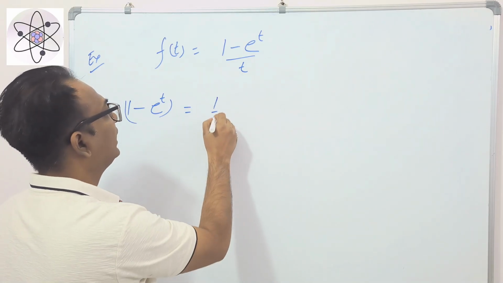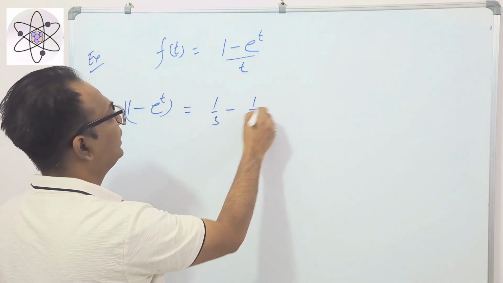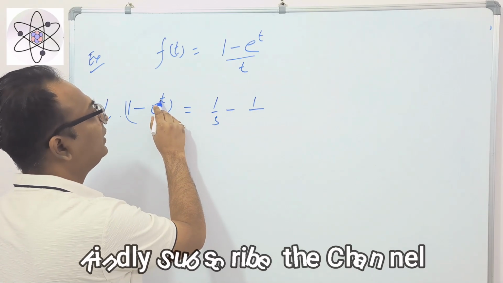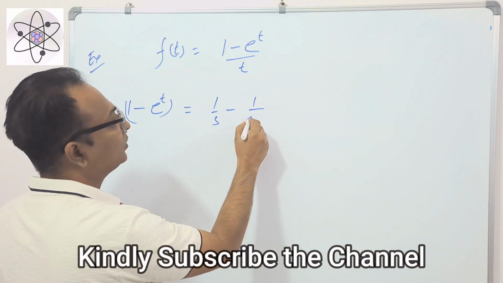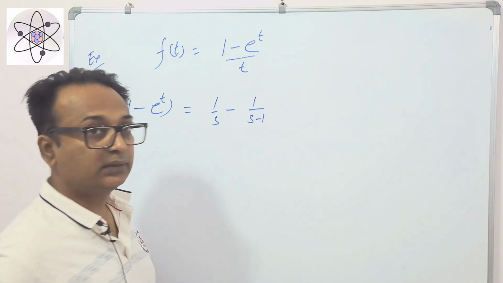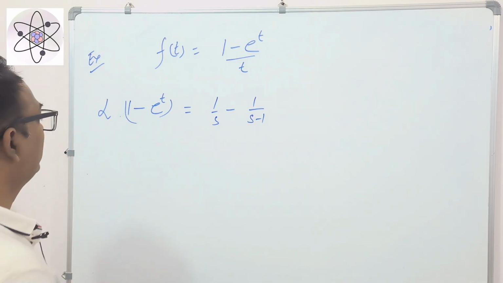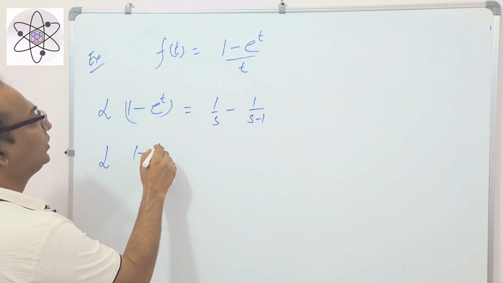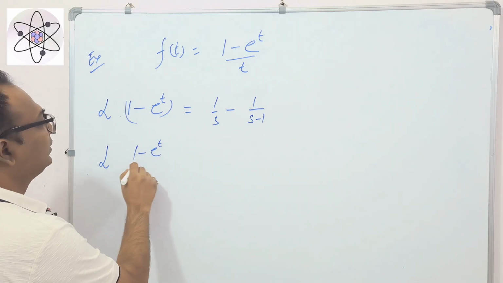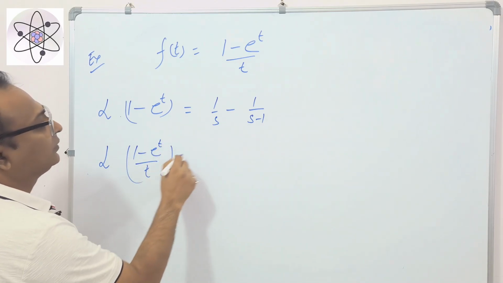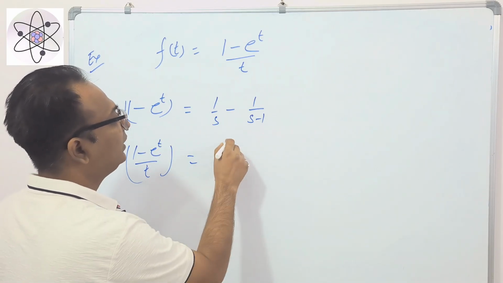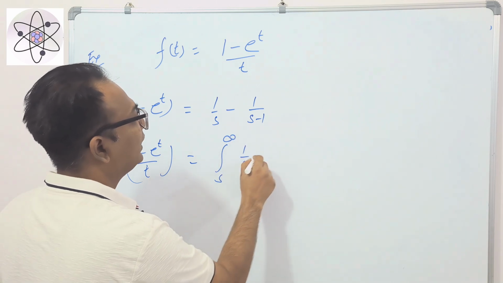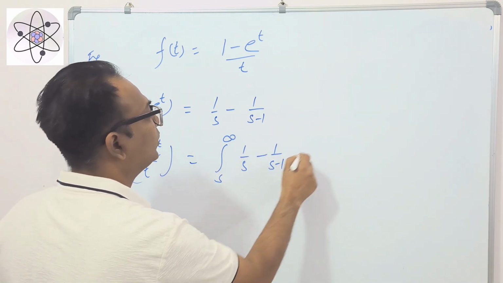It is 1 by s minus 1 by, e to the power at, s minus a. So this will be s minus 1. Okay. Now the Laplace transform of this function into 1 by t, so that will be, as we had seen, integral from s to infinity of 1 by s minus 1 by s minus 1 ds.